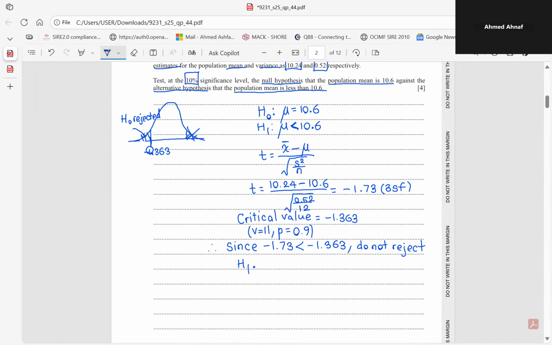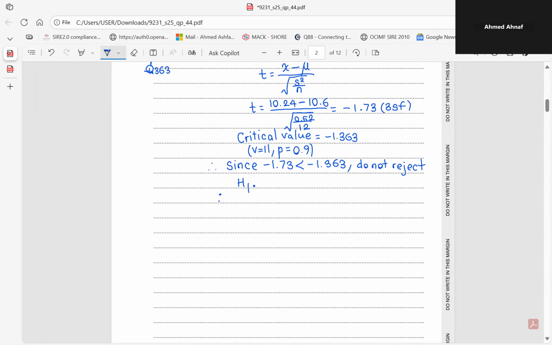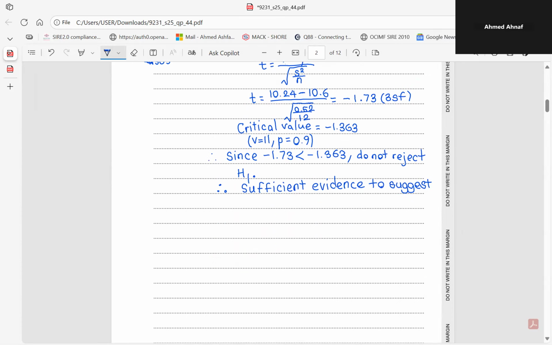So our conclusion we can write as: sufficient evidence to suggest, and you should always write in the context of the question. You have to be really specific with your conclusion, okay?